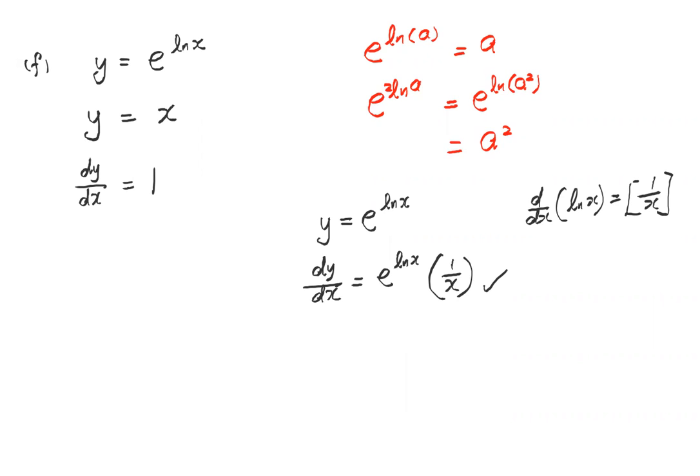But I can change it in such a way. Show that this function has a constant gradient.